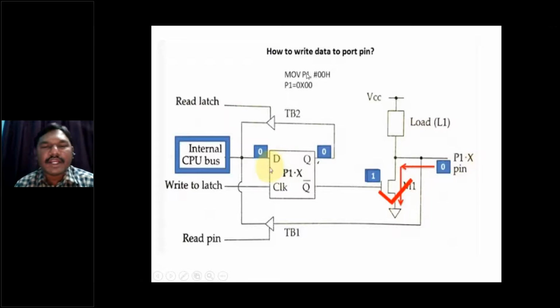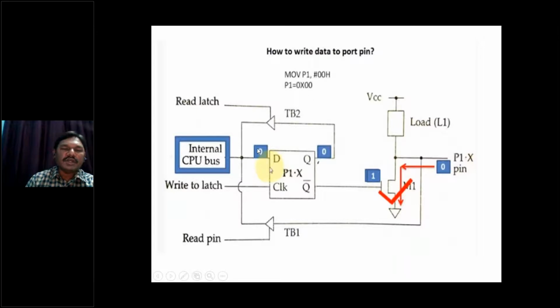Now I want to write for port 1. This is called reading data from the external board. Suppose port P1 means assume that this is available on the chip itself, that is the internal CPU bus. For example, I want to read the data from ROM memory. Then what happens?